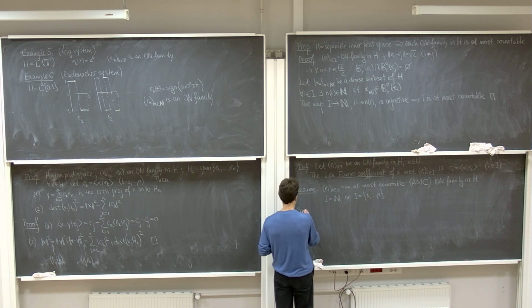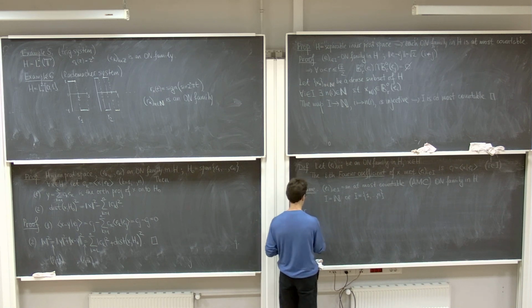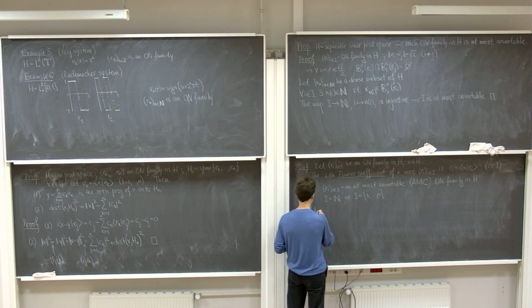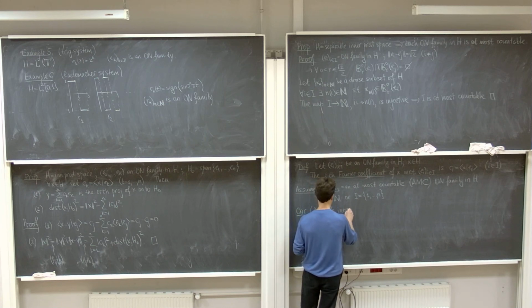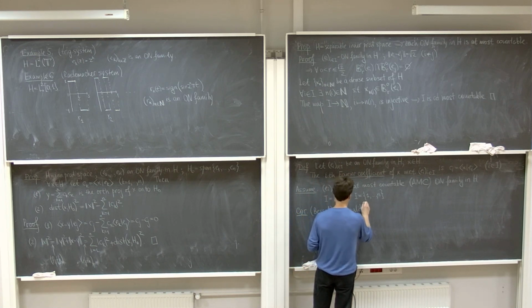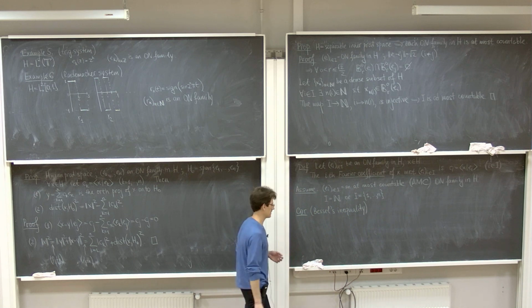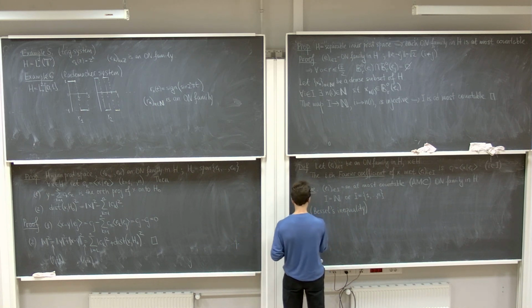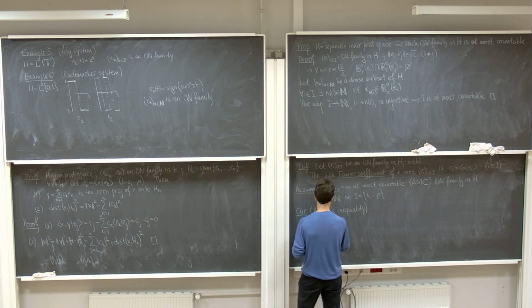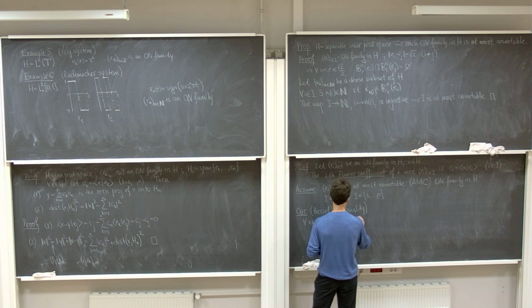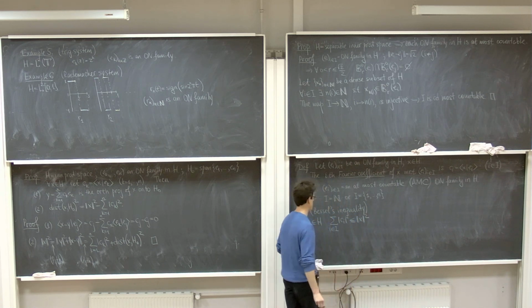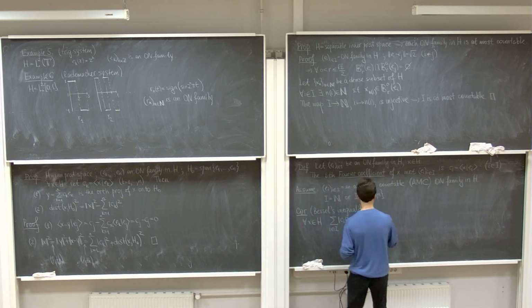Okay, now we have the following corollary from the previous proposition, which is called Bessel's inequality. So I claim that for each x in H, the following inequality holds, where Ci is the ith Fourier coefficient.